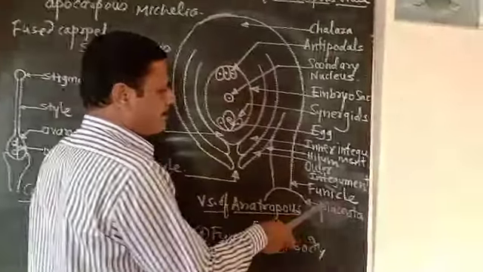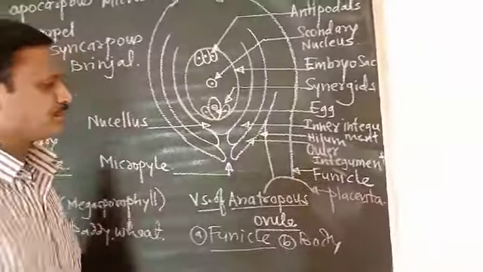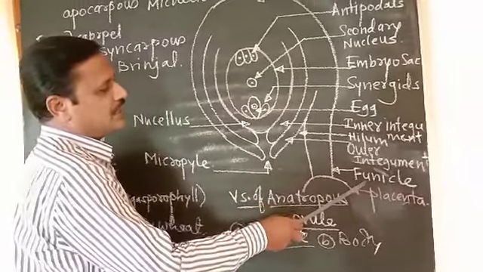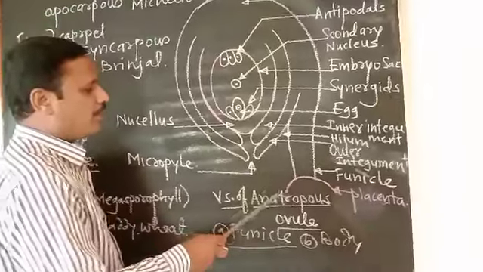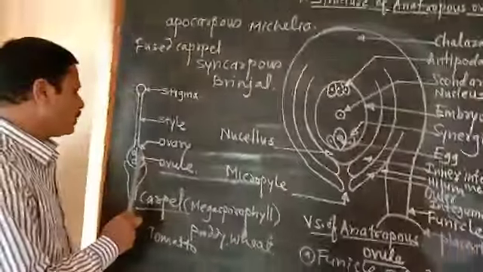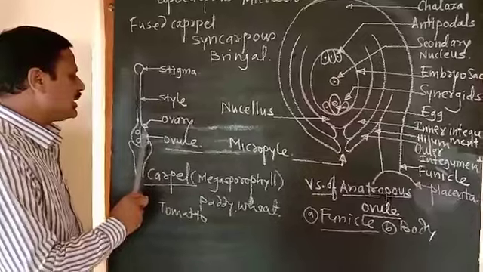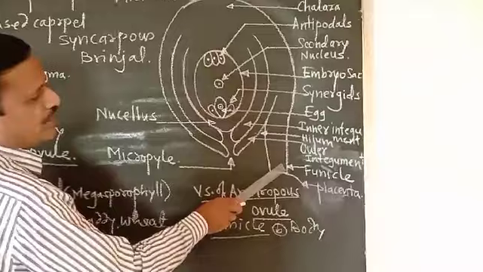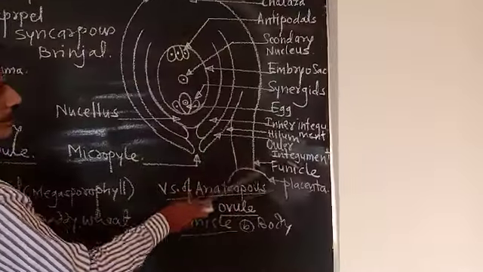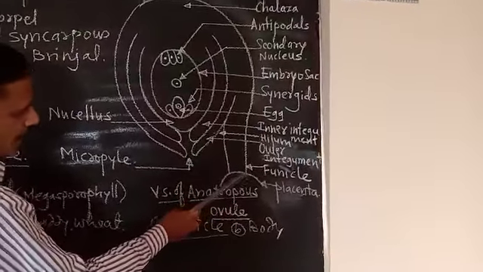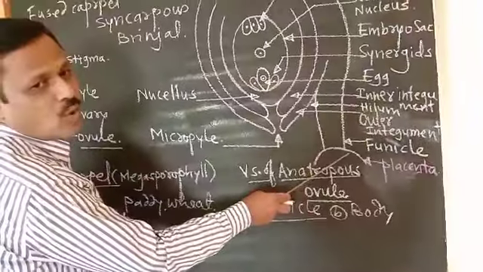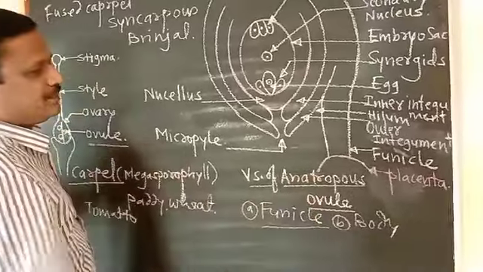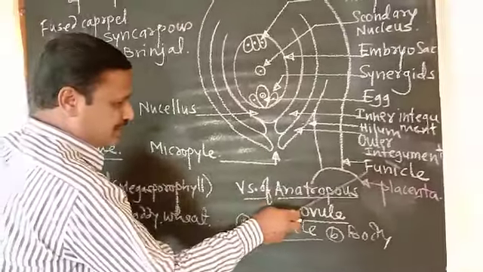This funicle is attached to the ovary wall by a placenta, like this.